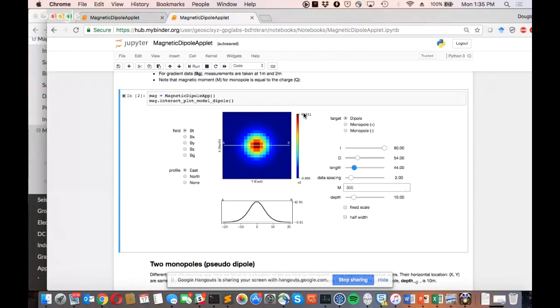Okay, so let's see if that works better. Can you decrease the data spacing?